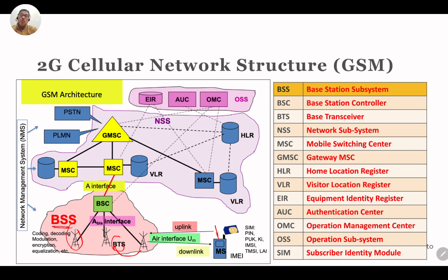Usually the base substation is communicating with the mobile station with an air interface. So it is called air interface. The downlink is from the base station to the mobile station, and from the mobile phone or mobile station to the base station is called uplink.